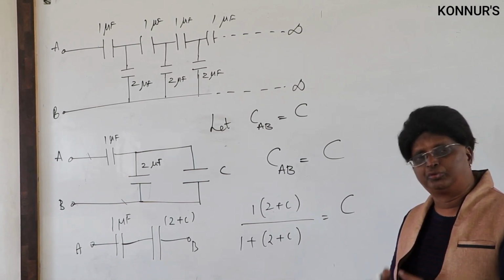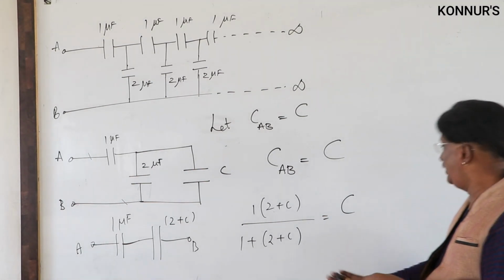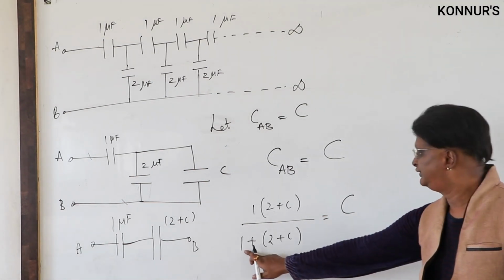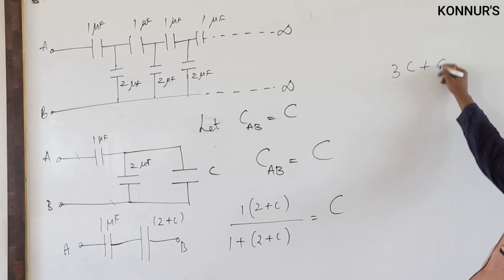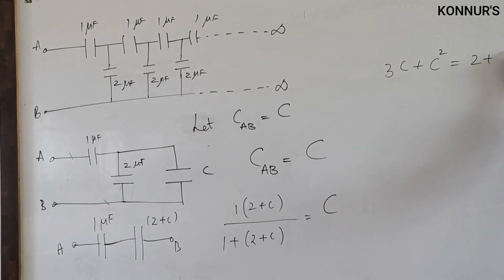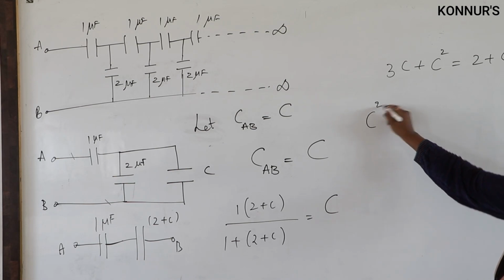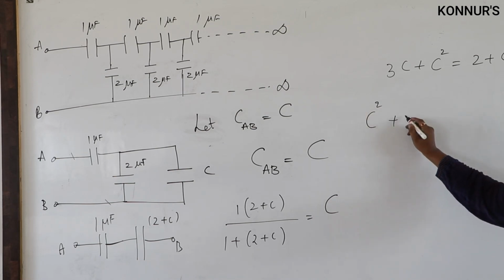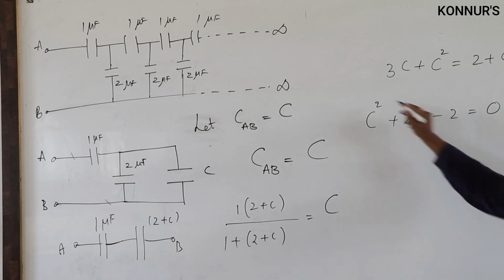Just one more line I will show, and I will write the quadratic equation here. This is (3 plus C) into C, so 3C plus C square is equal to 2 plus C. So the final equation is C square plus 2C minus 2 is equal to 0.